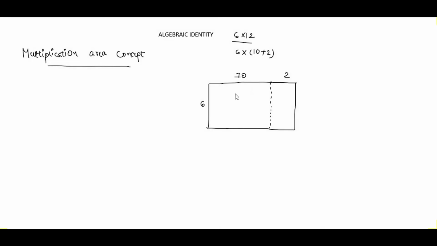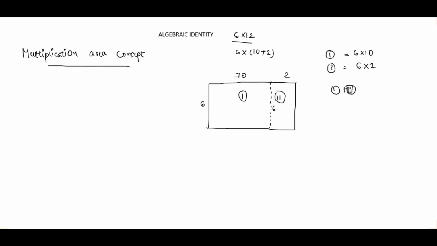So we have two rectangles here, 1 and 2. The area of first rectangle will be 6 into 10 and area of second rectangle will be, this side will also be 6. So area will be 6 into 2.